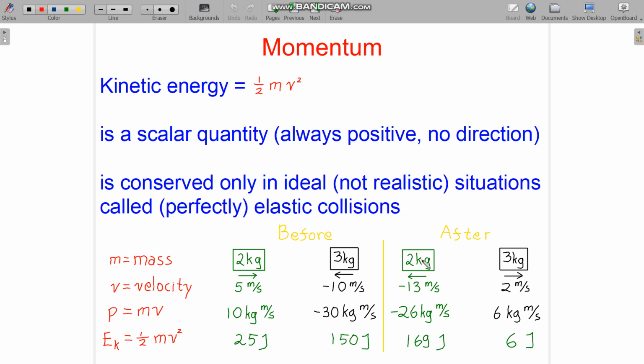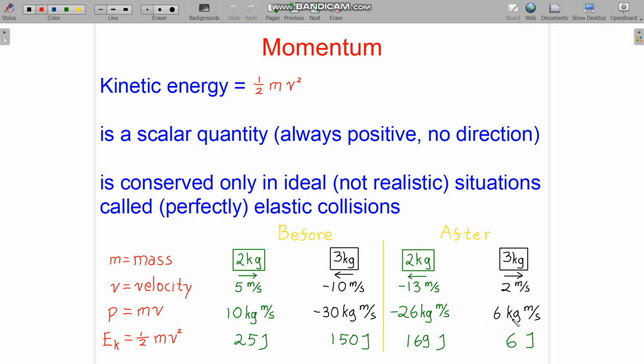After the collision, the 2 kg is going to the left at 13 meters per second, the 3 kg to the right at 2 meters per second. The momentum is therefore minus 26 plus 6, minus 20. So you see the momentum is conserved: before minus 20, after also minus 20.